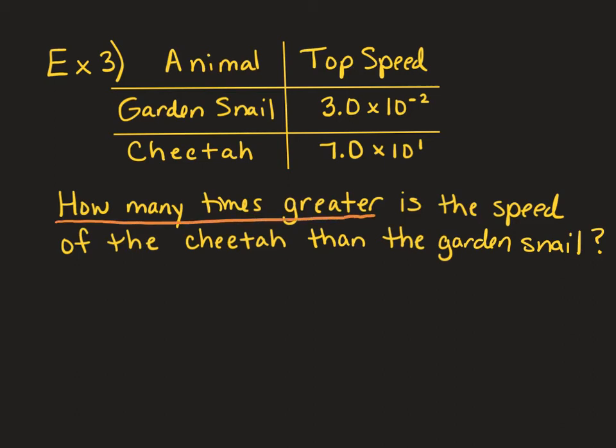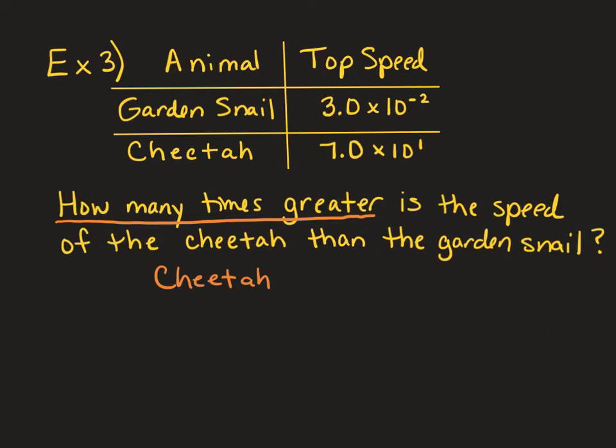It's comparing, so we're looking for a comparison between the two numbers that's either subtracting or dividing. But since it uses the word times, it's dealing with comparing multiples. So it's dividing. So this is a division problem, comparing the speed of the cheetah to the speed of a garden snail.